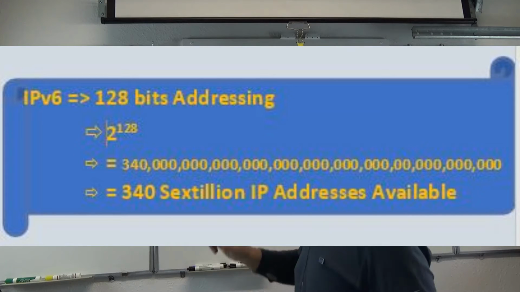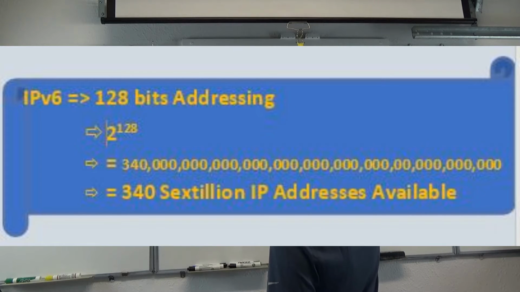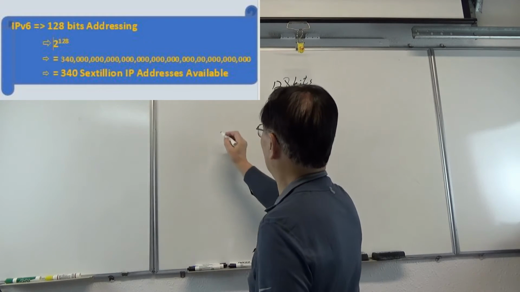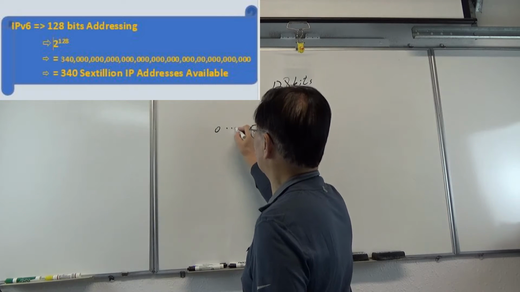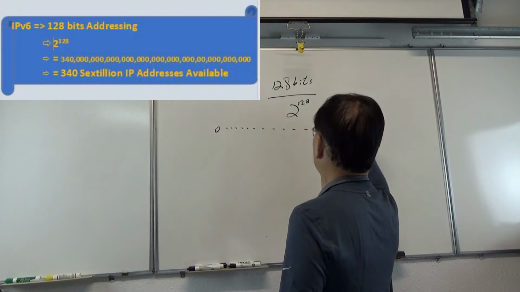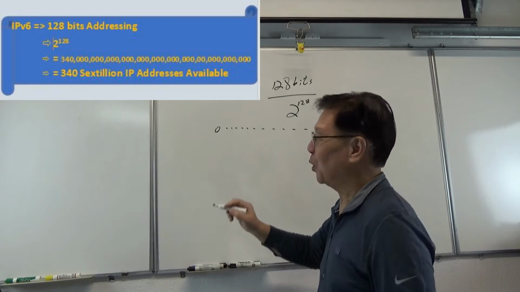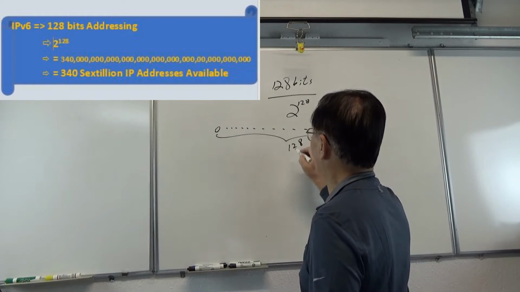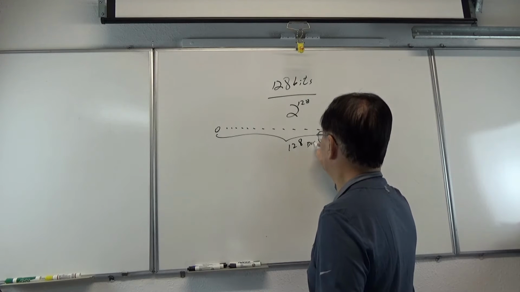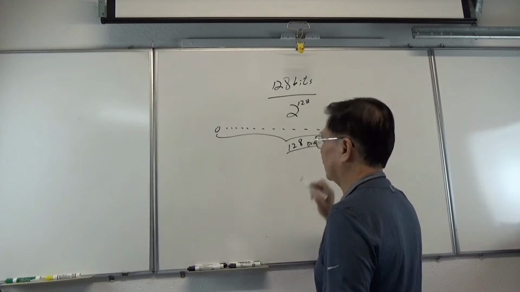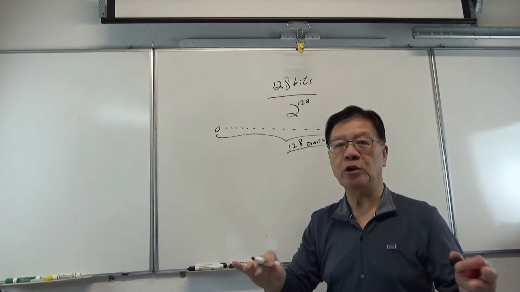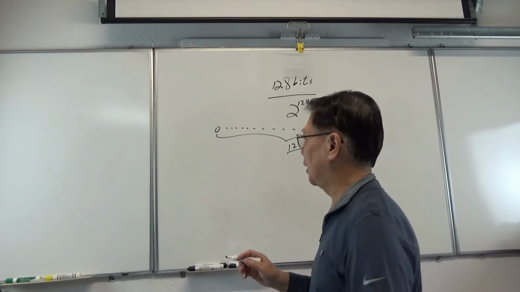For an IP address, that means 2 to the 128. That's a huge number. It has about 39 digits.